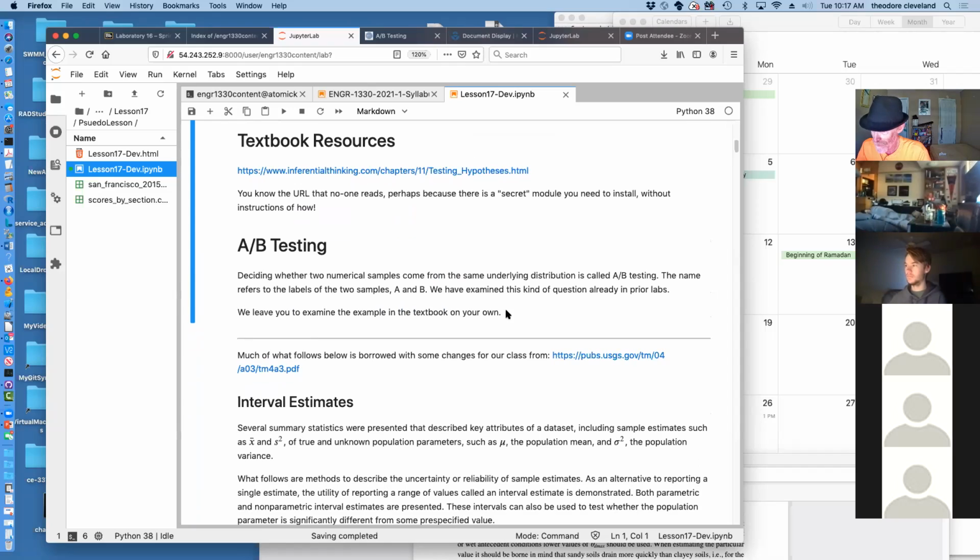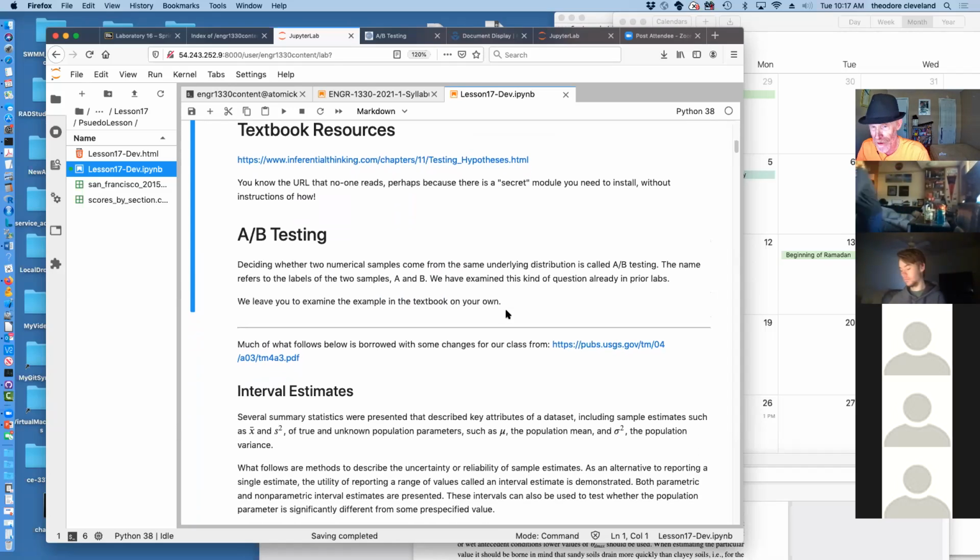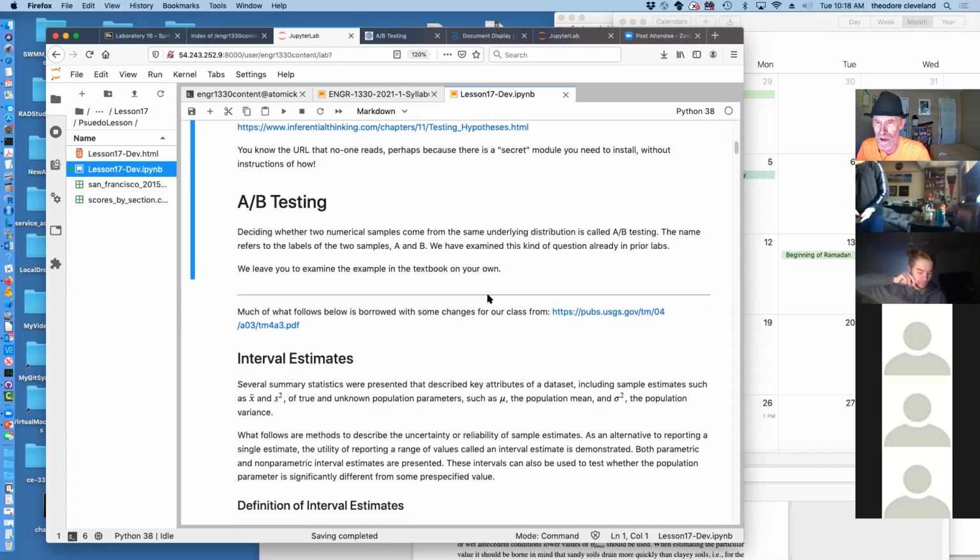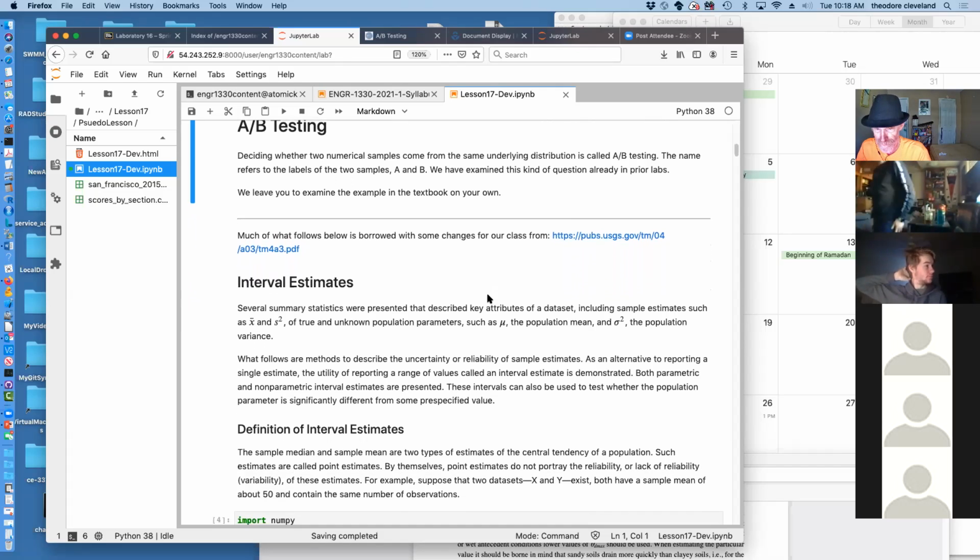We're going to leave A/B testing details for your lab today, because there are two pretty good examples there already, and there's nothing new for me to introduce. We construct the groups, call one of them A, one of them B, and then we apply various hypothesis tests to determine whether they're the same or different.